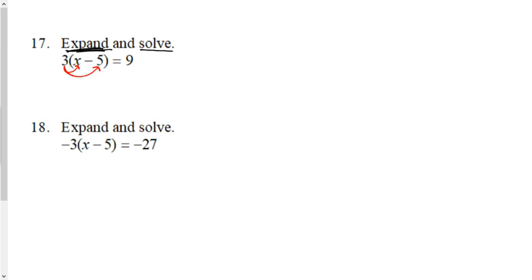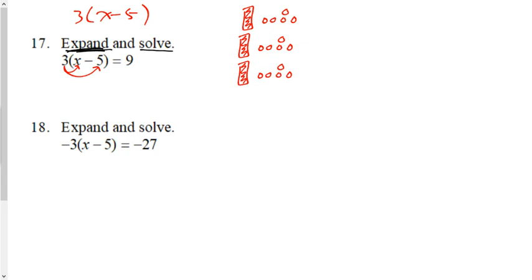Now I want you to keep in mind that 3 groups of x minus 5. Do you all agree that's x minus 5? Yes, you do. And if I was to triple it, I would actually triple x minus 5, and I would get this.